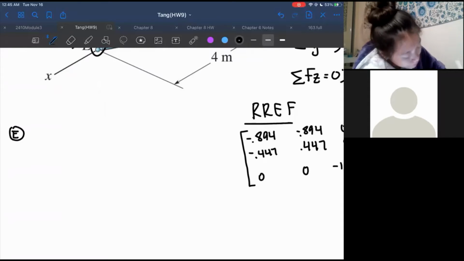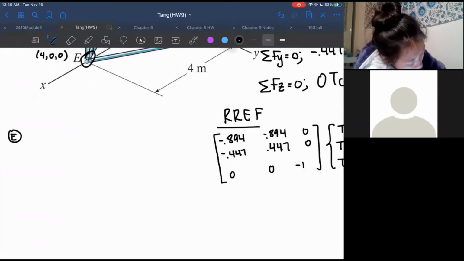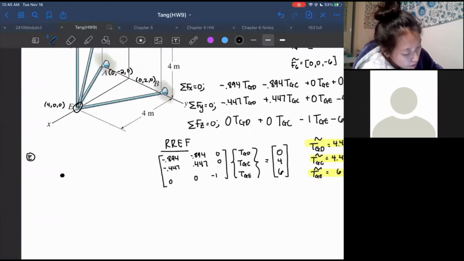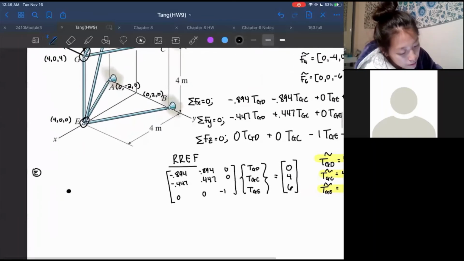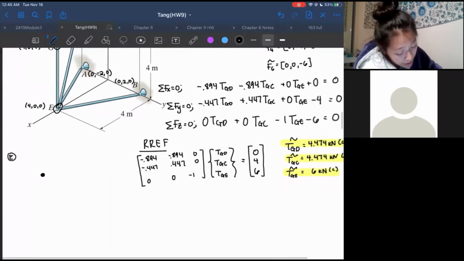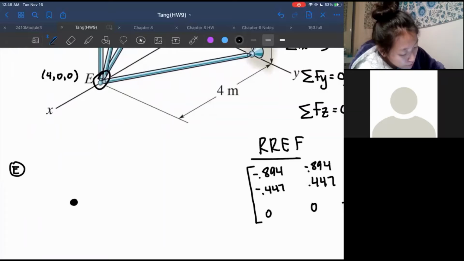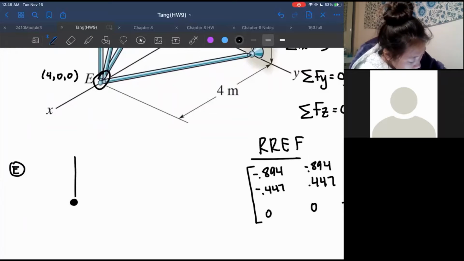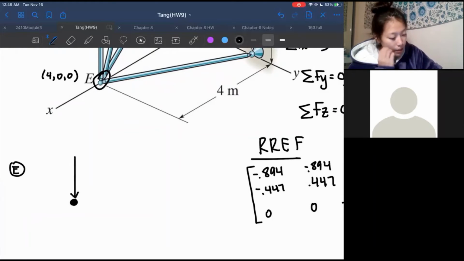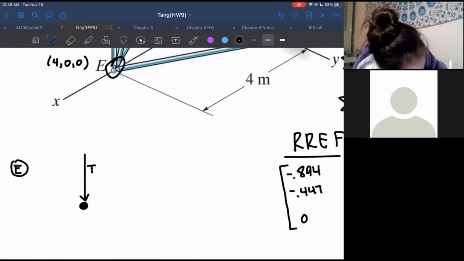Let's draw the free body diagram. And we know that GE is actually compression. So instead of it going up, it's going to be going down. Cool. Point E, and then GE.